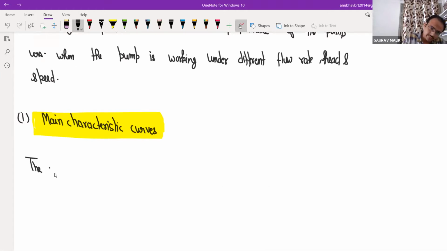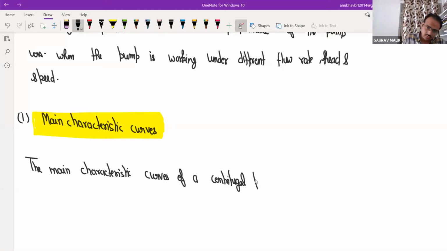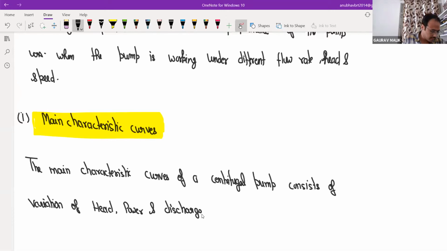The main characteristic curves of a centrifugal pump consist of variation of head, power and discharge with respect to speed.